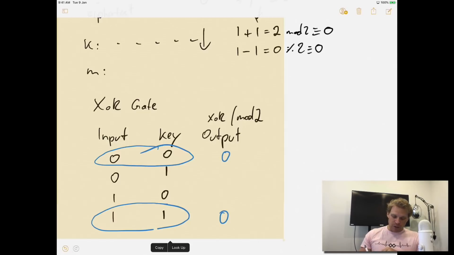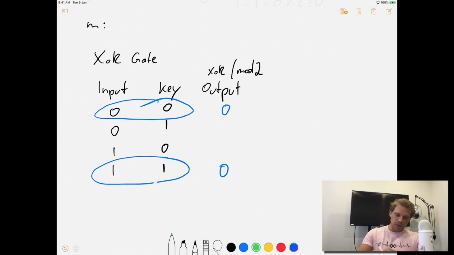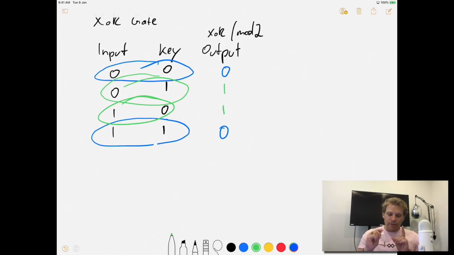If 2 inputs are different, in this case, the output becomes a 1. And now we have some very, very interesting things. And this is very key to understand. Just because there was a 0 here, you cannot know if the input is a 0 or a 1.